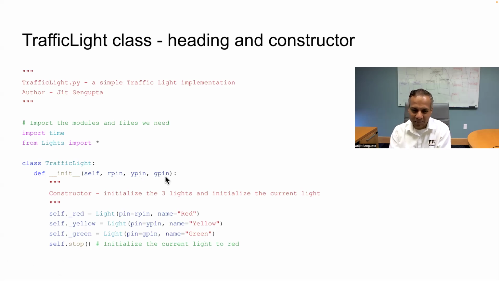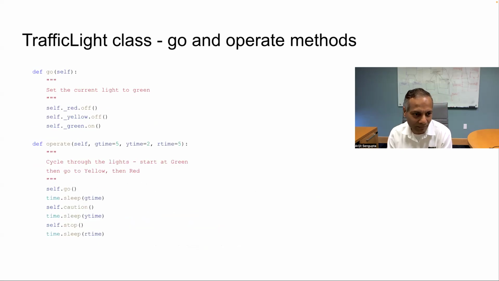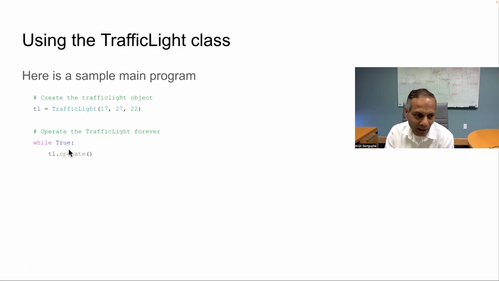These are the IO pins of the Raspberry Pi Pico. And we're going to see what those IO pins are as we go forward. And then after we create the traffic light, we call operate. And this goes on forever.